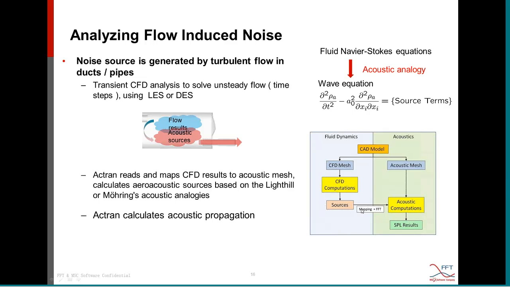The fluid dynamics will provide to the acoustic analysis at the very end of the CFD computation. The CFD result will be provided to the acoustic simulation as the acoustic sources.